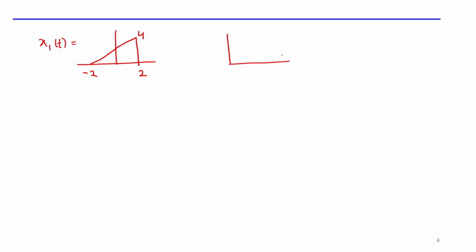Another signal, you try to understand what I'm doing, then you will get the feel of convolution. Let's say this is your X2 of t, and this is from 2 to 4. This will be 0, and this amplitude is 1. Okay. Now I'm asking you to find Y of t, which is X1 of t convolved with X2 of t.